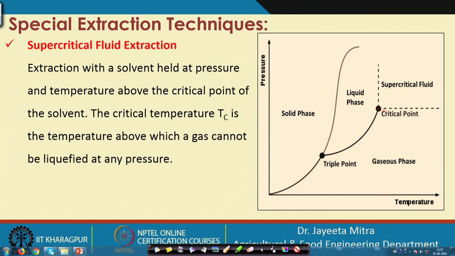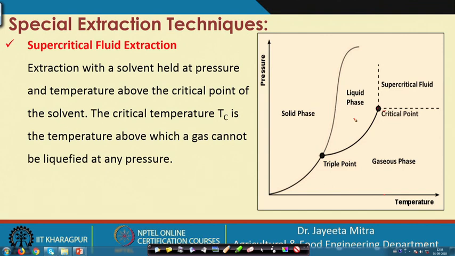So, what is this condition actually? In this condition the supercritical fluid achieves some properties which are specific to it, and that neither belong to the gaseous phase nor to the liquid phase. In the supercritical condition, a few parameters of the fluid are increased so much that they enhance extraction.